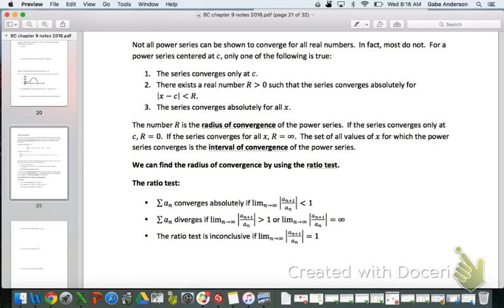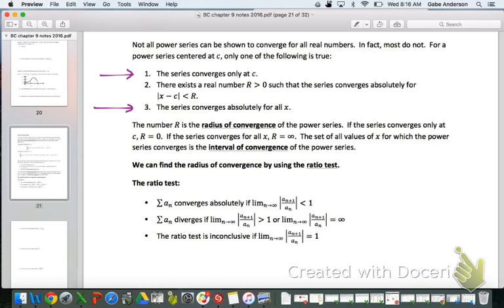or not. So there are three possibilities. Here's number one. It's possible that the series, and we're talking now about an infinite series, might only converge at its centering point. It's also possible that the series might converge for all values of x.